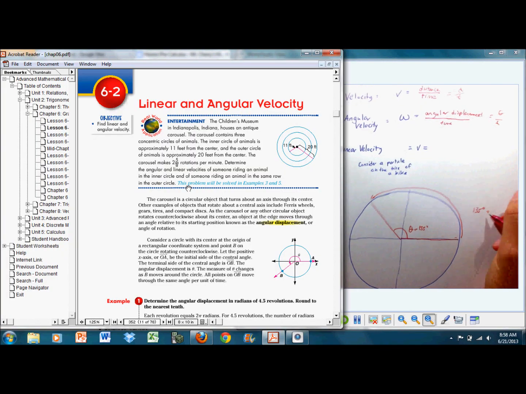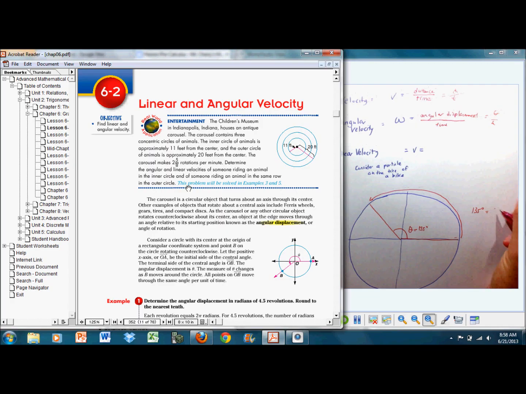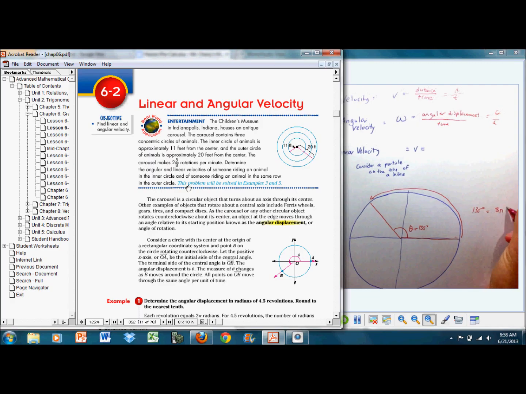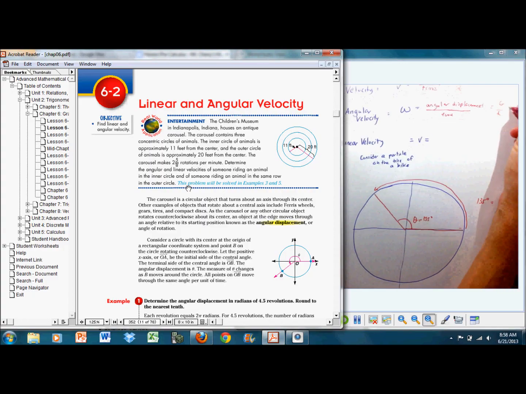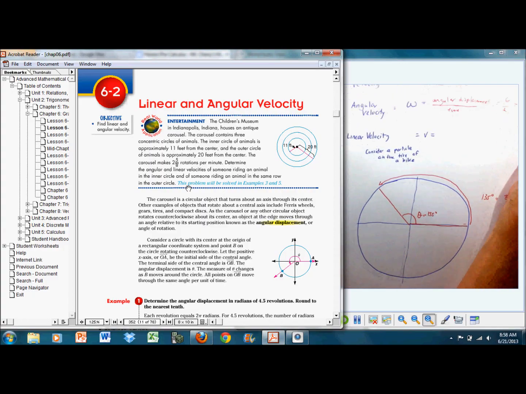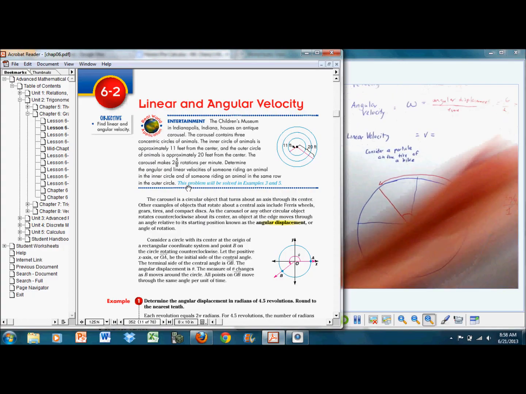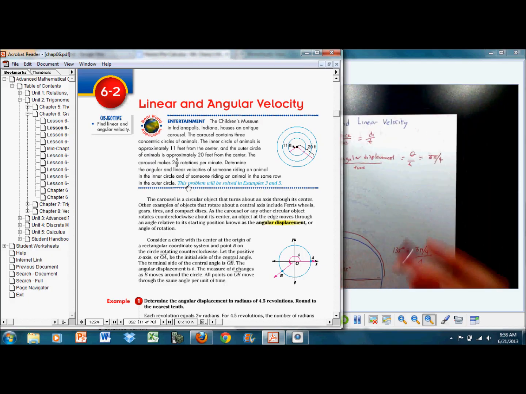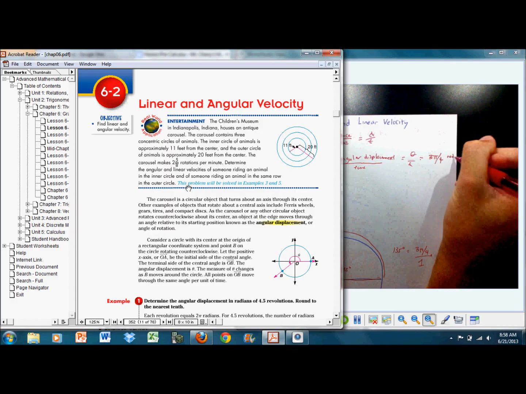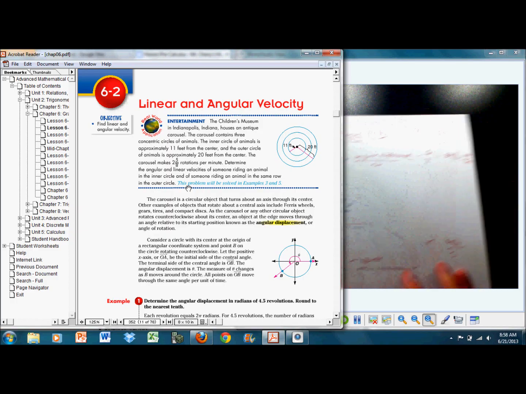So in radians, 135 is 3 pi over 4. So we went 3 pi over 4 in 1 second. So the angular velocity would be 3 pi over 4, and that's radians per second. All right, so that's angular velocity.